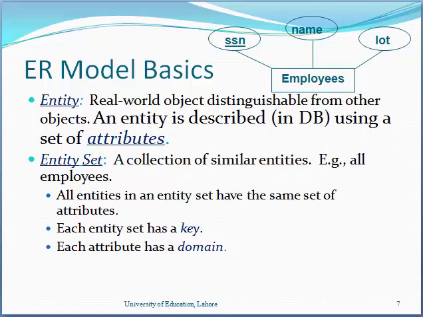Another entity set teacher may consist of all teachers in the university. Like these examples, all entities in an entity set have the same set of attributes. Each entity set has a key and domain. Key और domain को हम next में देखते हैं.